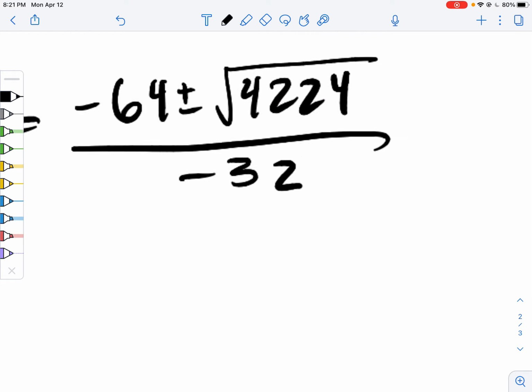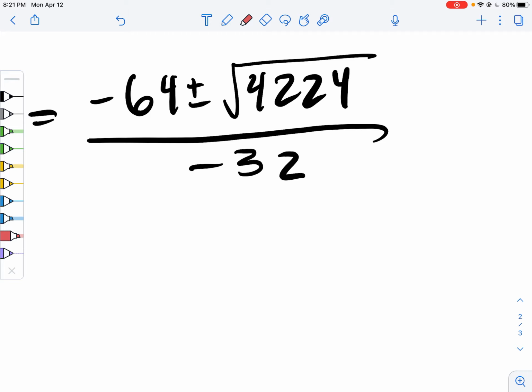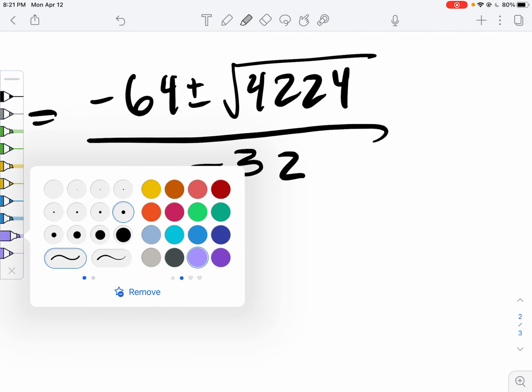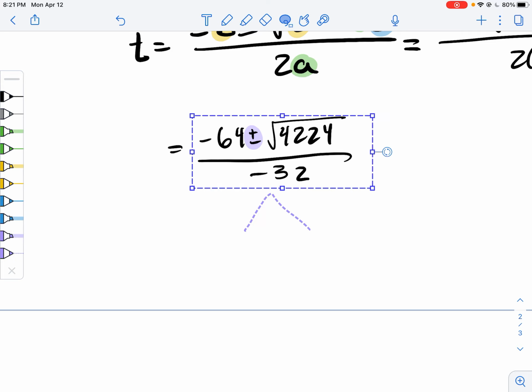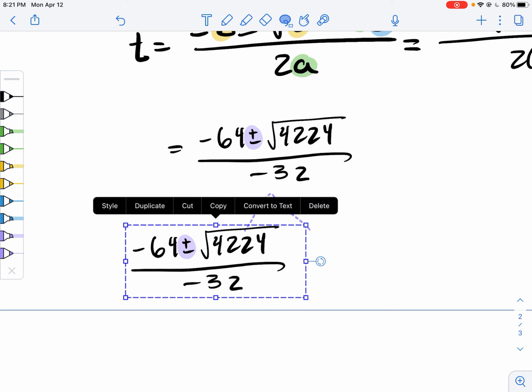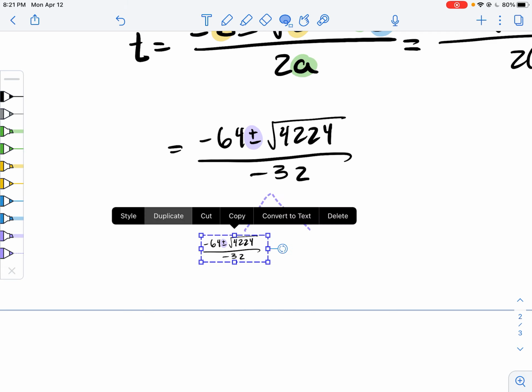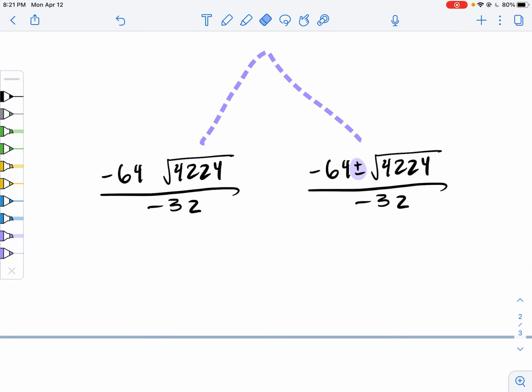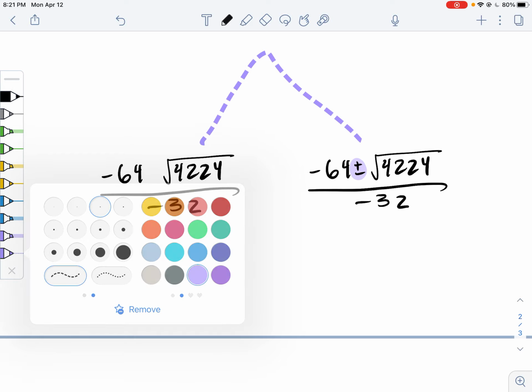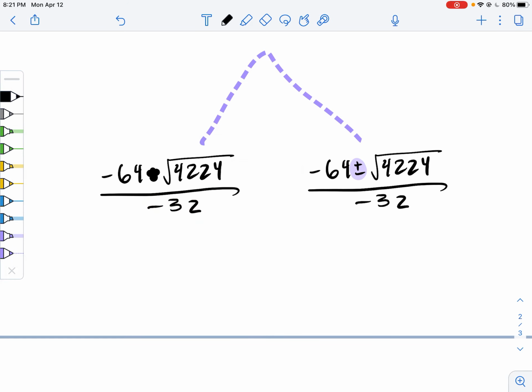Cool. Now this plus or minus, remember, means we need to split it up into a positive and a negative.